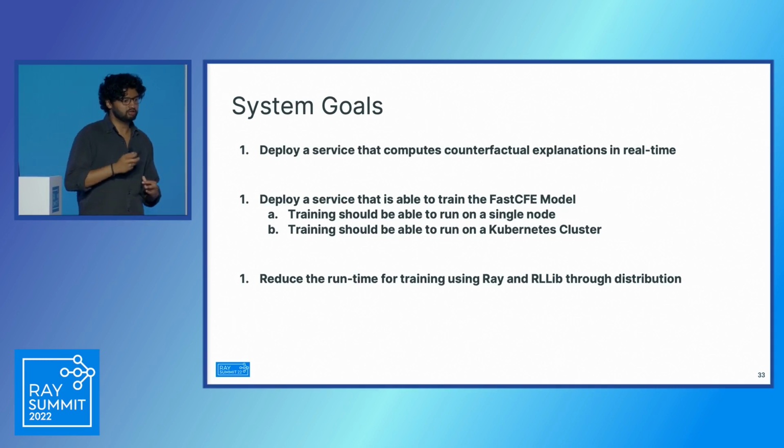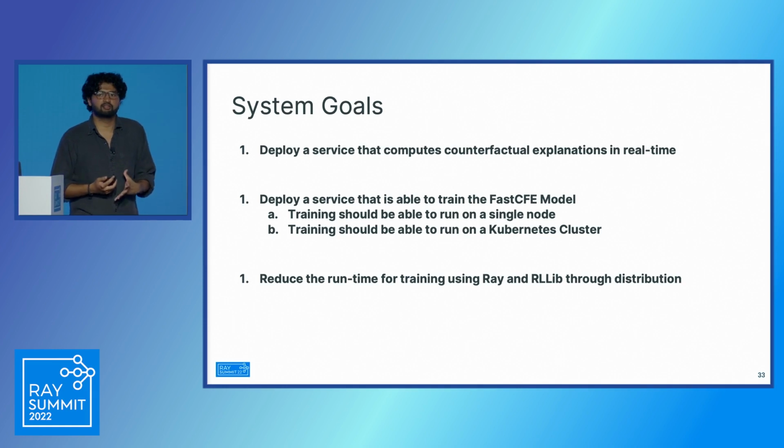Second, we want to deploy a service that is able to train FastCFE, and this training should include training on a single node with multiple CPUs, as well as on a Kubernetes cluster, as we are a Kubernetes native application. And thirdly, we want to reduce the runtime by using Ray and RLLib for distribution, over a simple Stable Baselines implementation.